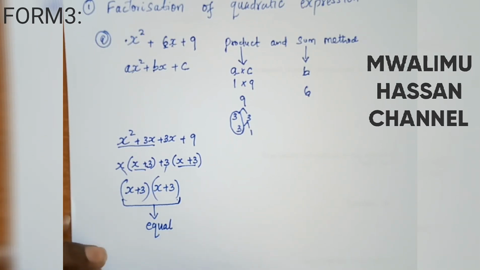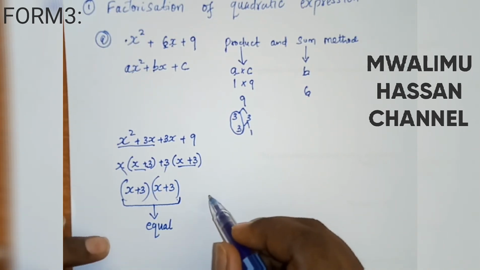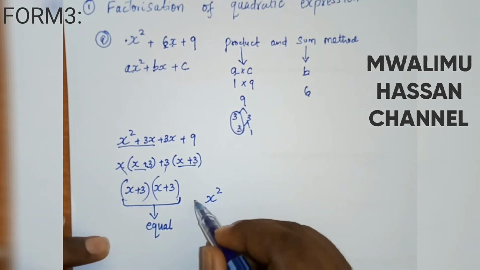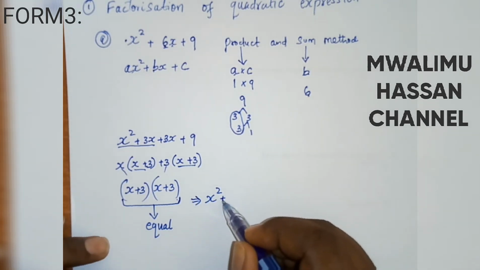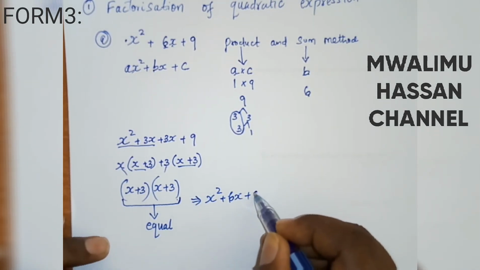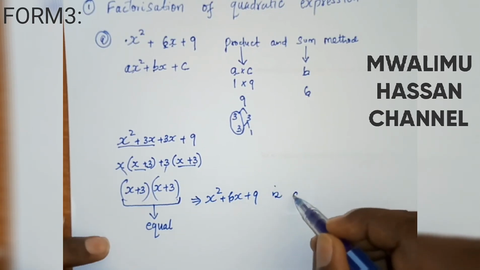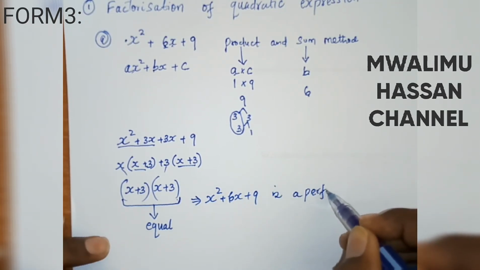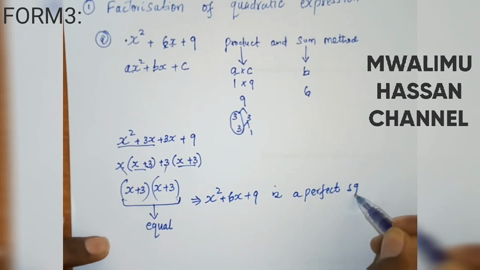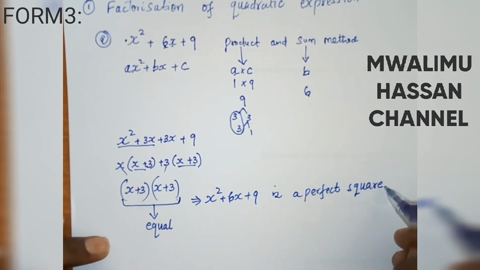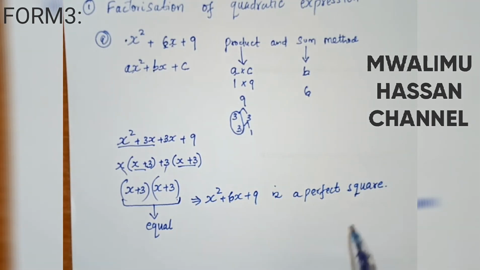And if they are equal, that means the expression x squared plus 6x plus 9 is a perfect square. Okay, so we are going to have a perfect square if the two factors are equal.